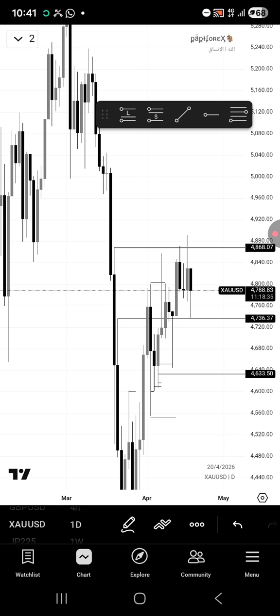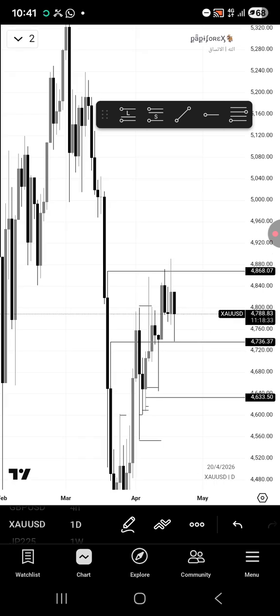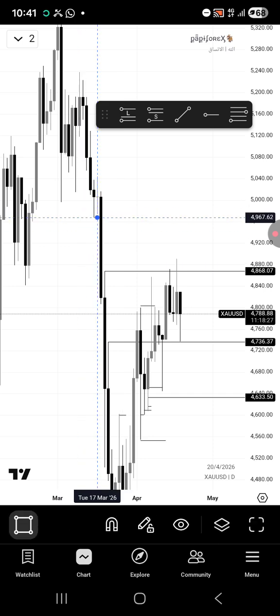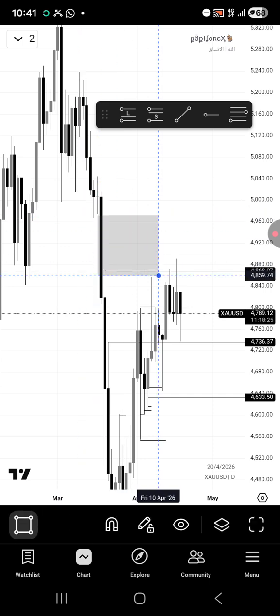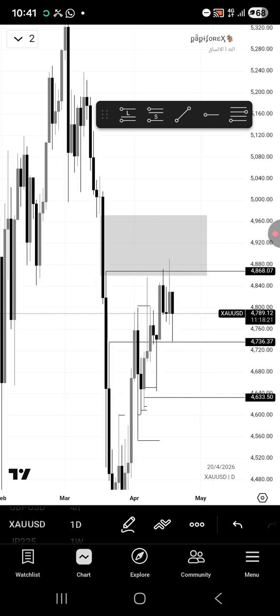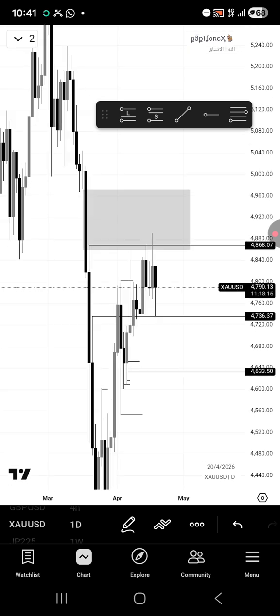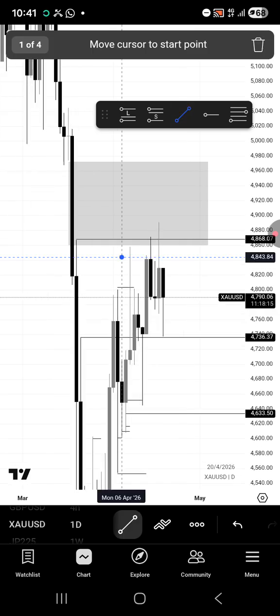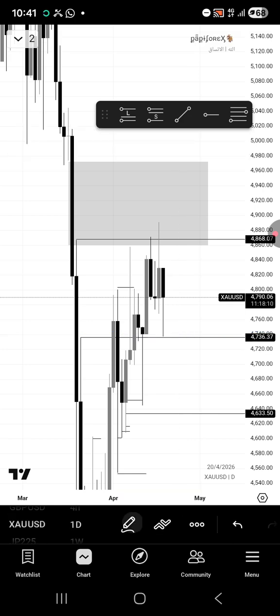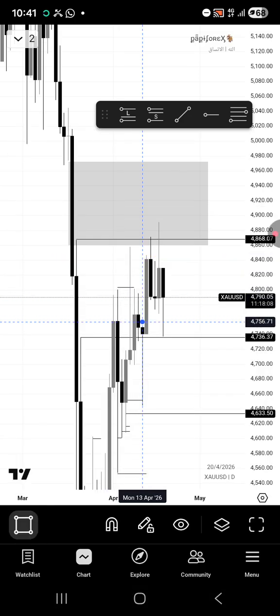Because now you can see on gold there is another resistance zone area, which is this fair value gap. So this fair value gap here, let me mark it out. So for now I'm not going to trade gold at all, maybe only if this fair value gap here is getting respected, maybe only that will allow me to trade gold.